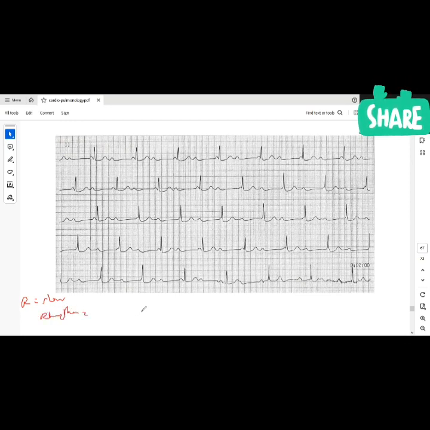Regular, irregular? Actually regular, right? The distances all look equidistant for the RR intervals. It is regular.